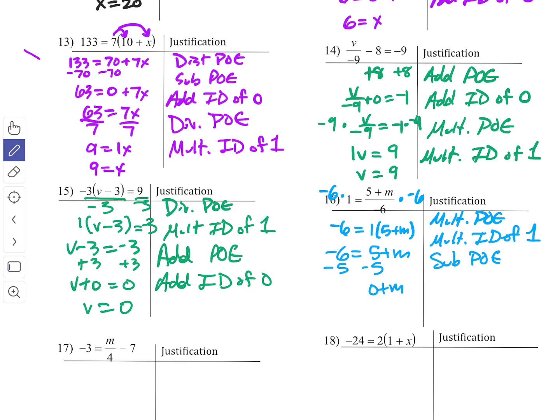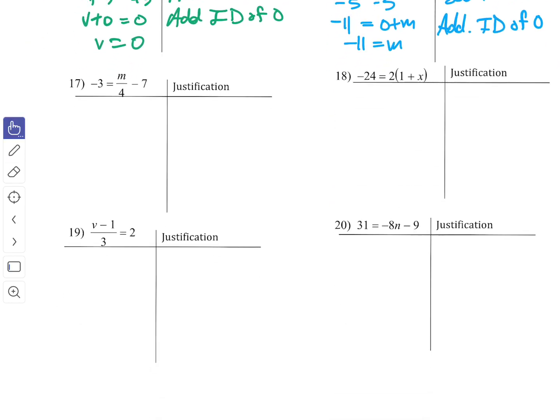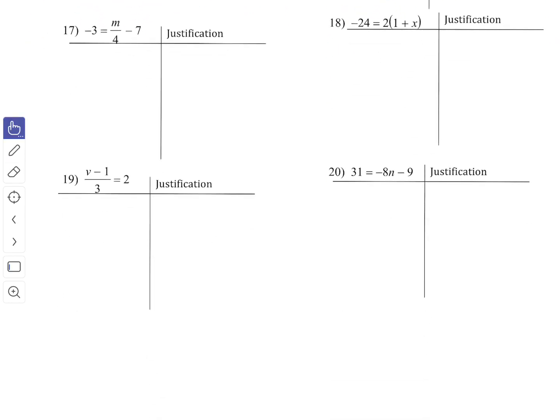And how we come up with our answers, because basically we're just dropping each equation down to the most simplest form till we end up with just a variable equaling a number. And again, that's what we're trying to do here, okay? Alright, so let's just keep on going here.